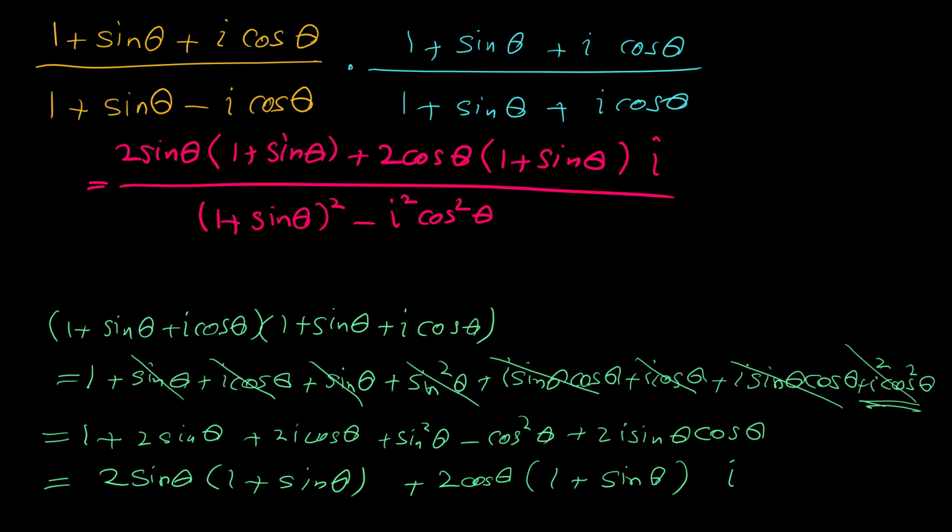In the denominator we have (1 plus sine theta) squared. (1 plus sine theta) squared is basically (1 plus sine theta) times (1 plus sine theta).